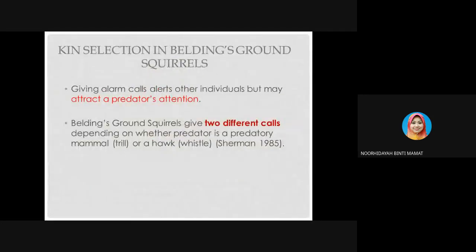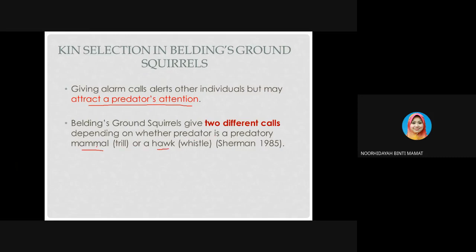So giving alarm calls alerts other individuals, but may attract a predator's attention. It will be a disadvantage to the individuals that give the alarm call. The Belding's ground squirrel gives two different calls depending on whether the predator is a mammal or a hawk.